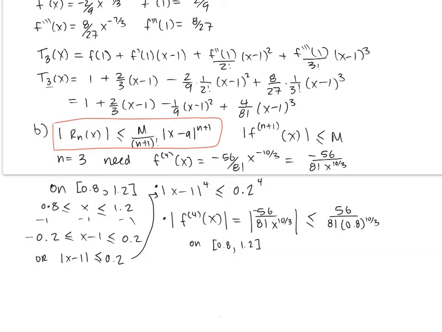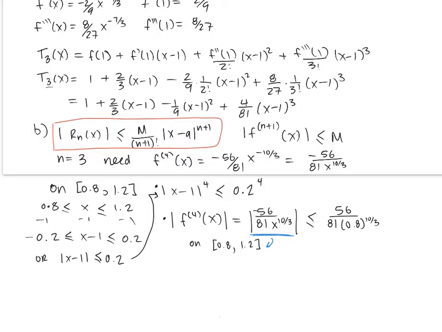Because the question we have to answer is, I need a number such that this thing is always less than or equal to it on that interval. I want to figure out what is the biggest this thing could be on that specific interval, and that is when I plug in 0.8.